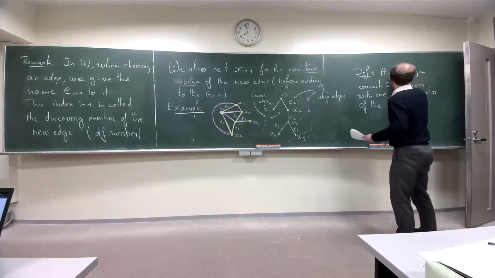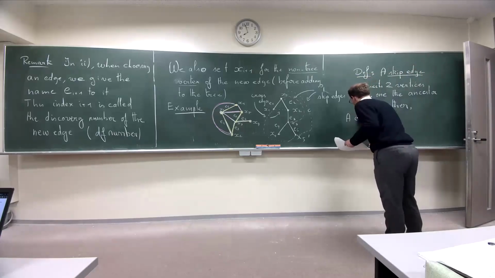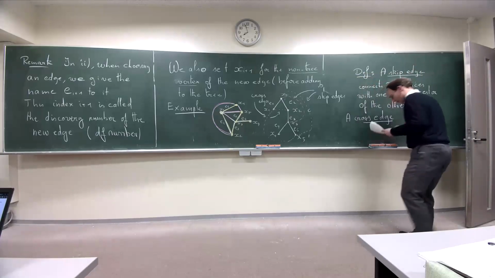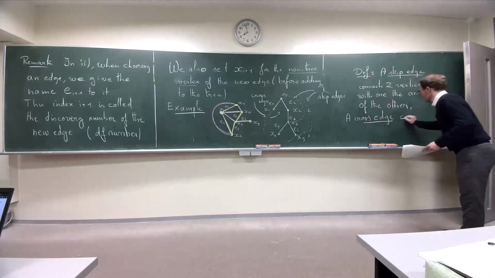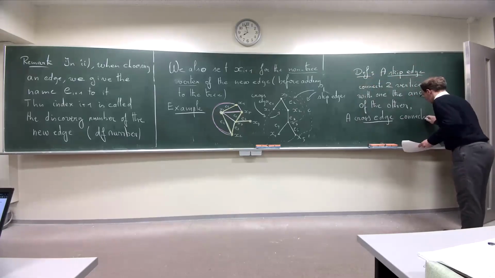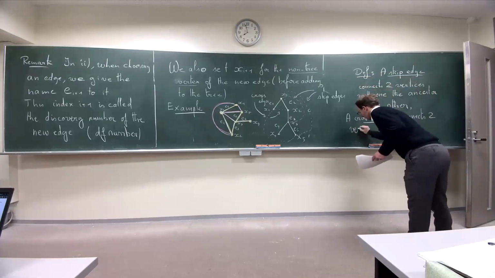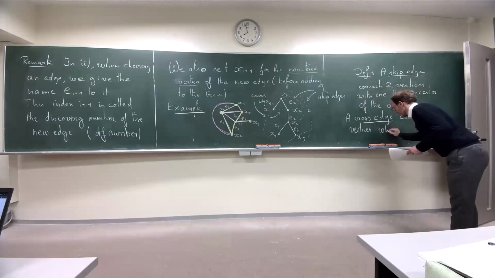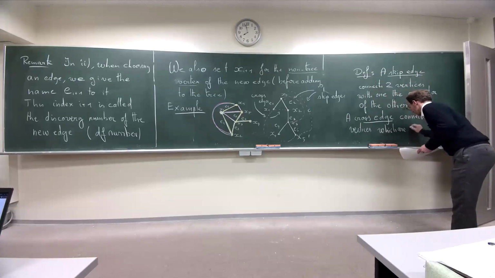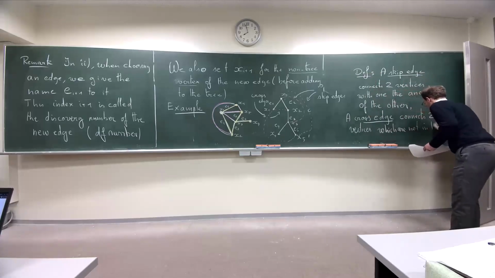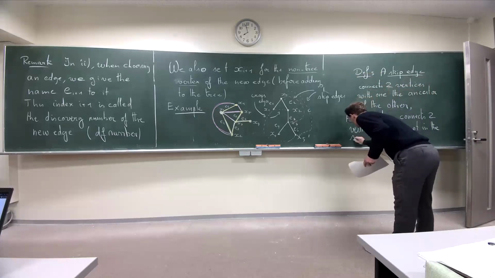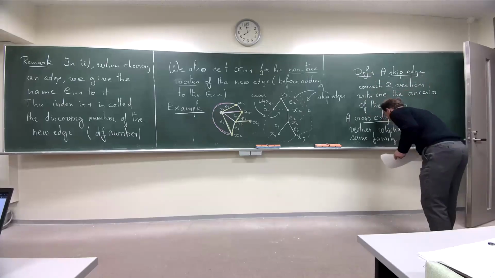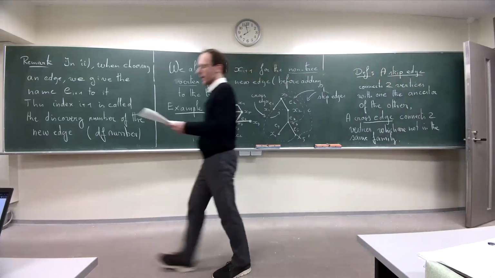And now, so this is a skip edge and a cross edge. A cross edge connects vertices which are not in the same family. Probably I did not introduce the notion of family, but you can guess. They have no common ancestors.